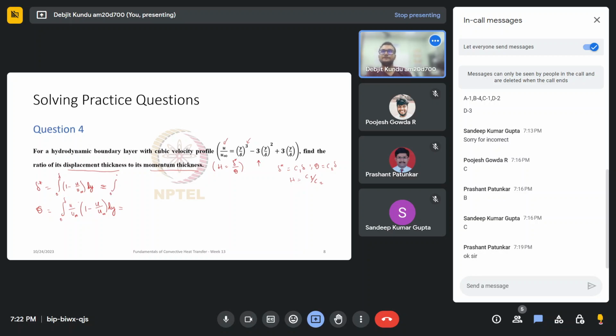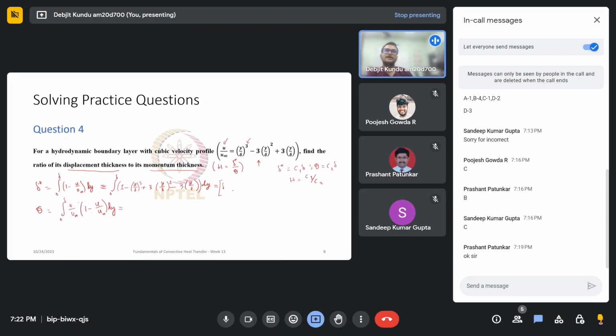So we have 0 to delta here, and 1 minus u by u infinity would be 1 minus y by delta cubed plus 3 into y by delta squared minus 3 into y by delta, dy. Now if I do this, the first term becomes delta.